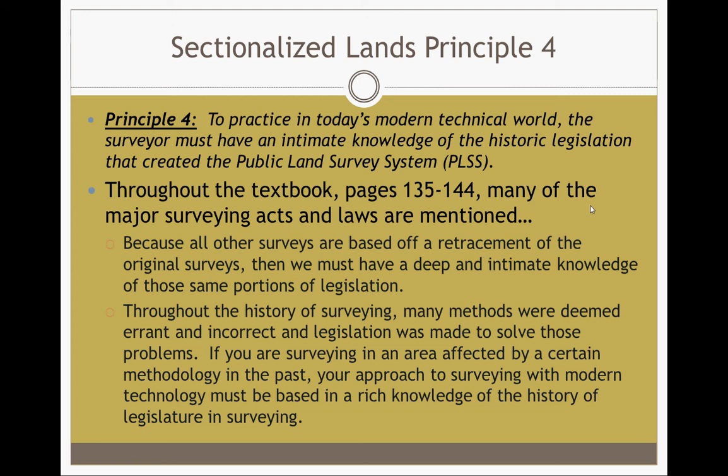Throughout the history of surveying, many methods were deemed errant or incorrect, and legislation was made to solve these problems, but in that, maybe some other problems were created and then found. If you're surveying in a portion of the country that was affected by these errant methodologies, then your approach to surveying with modern technology must be based in where the errors and problems occurred.